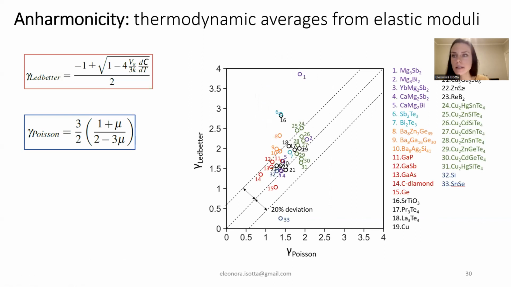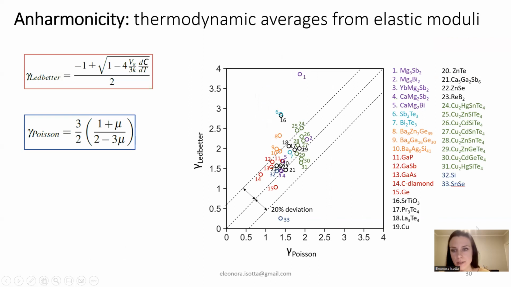And in this plot here, we have tried to compare these different methods for a series of different materials. So we can see that general trends in materials will hold. For example, germanium or diamond down here will be predicted by both methods as being relatively harmonic, so low Grüneisen parameter.